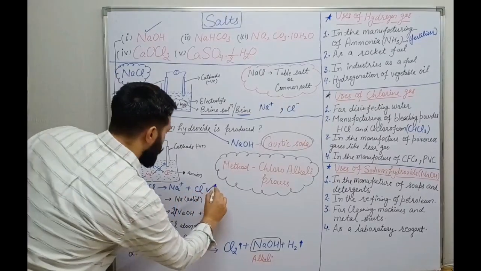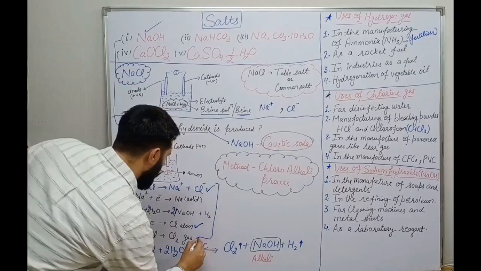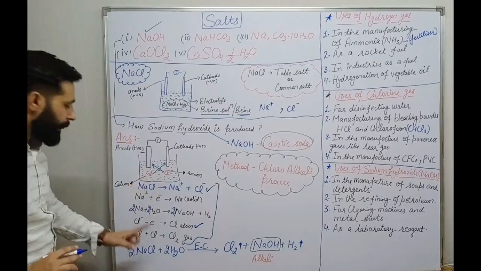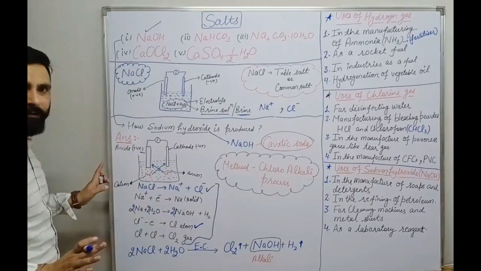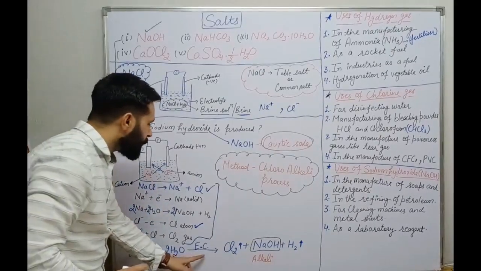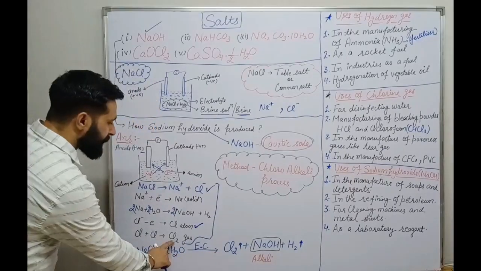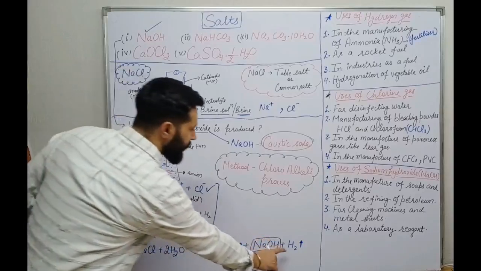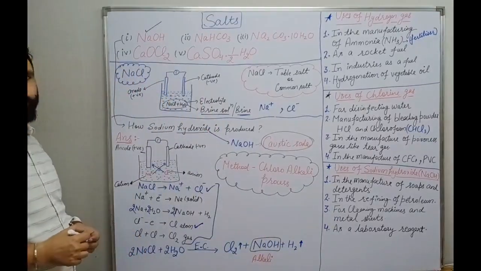So the total overall reaction for this is NaCl we have taken here plus water, nothing else we have taken. And what is produced? Chlorine gas is produced, sodium hydroxide is produced, and hydrogen gas is also produced.